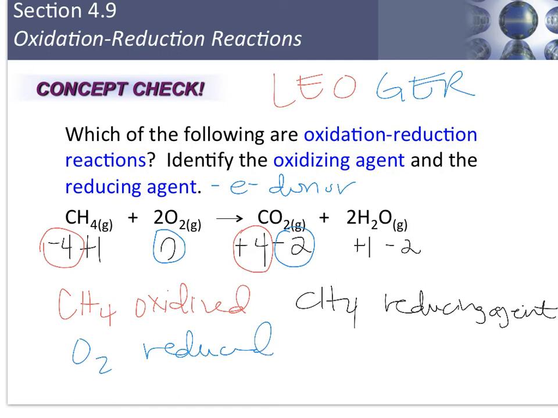The oxidizing agent is an electron acceptor. Oxygen went from an oxidation state of 0 to -2, and so we can say that oxygen is the oxidizing agent.